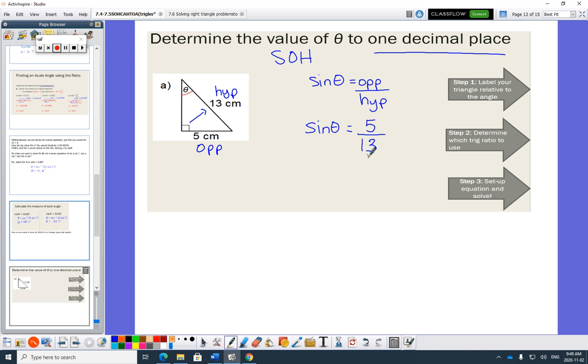The units, so to speak, for angles are degrees, so you can leave out the centimeters if you want.